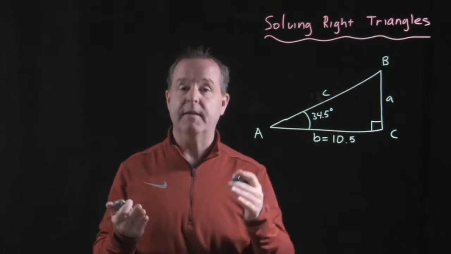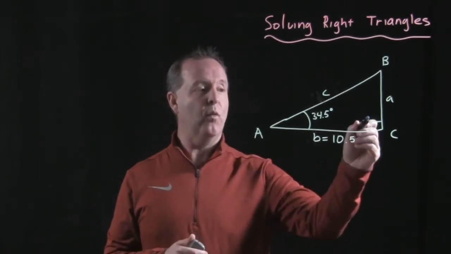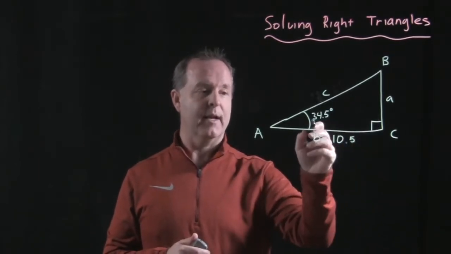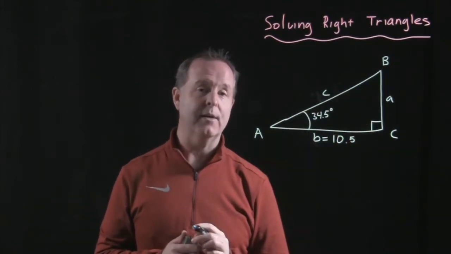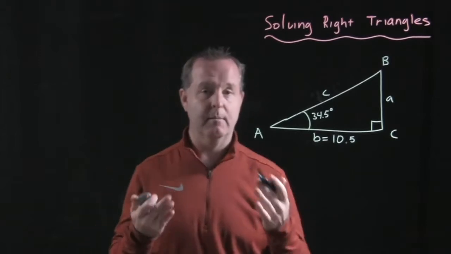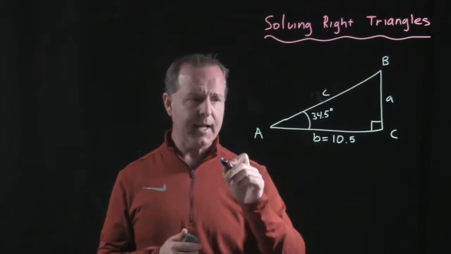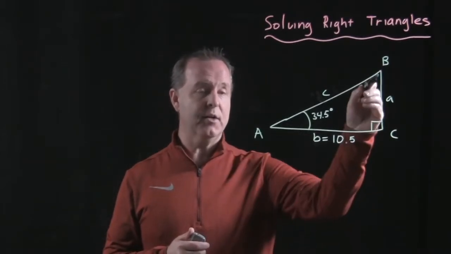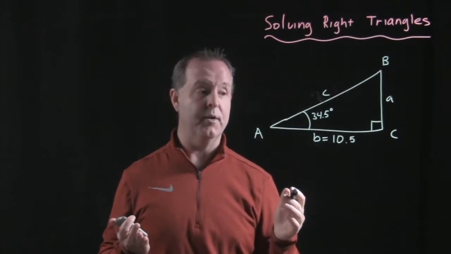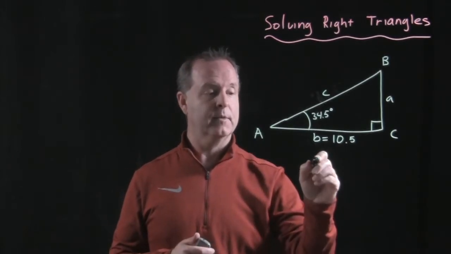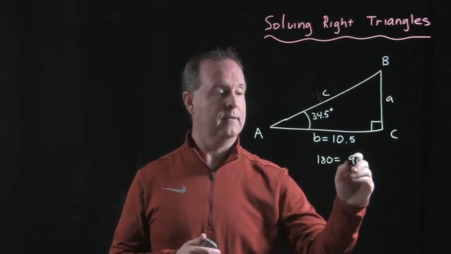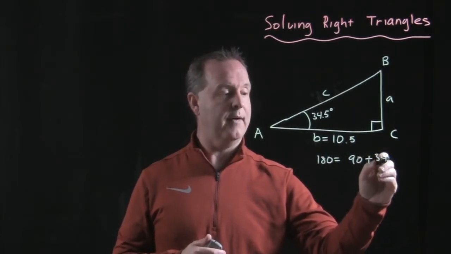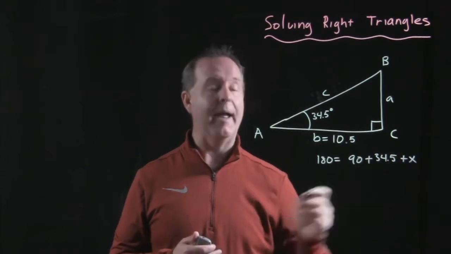So let's begin with the internal angles. I have one angle that's 90 degrees, another angle is 34.5 degrees. I need to find one last angle. Well, if I remember some of my earlier trigonometry and geometry, I know that the interior angles of a triangle all add up to 180 degrees. So 180 has to equal 90 plus 34.5 plus some x.